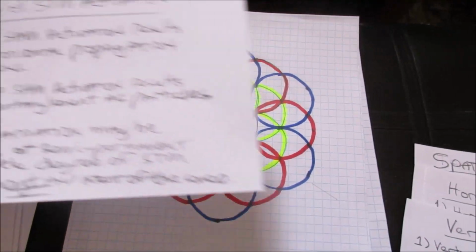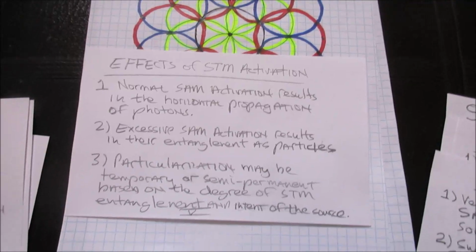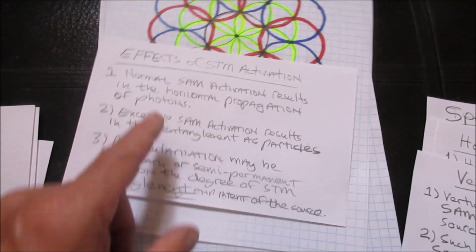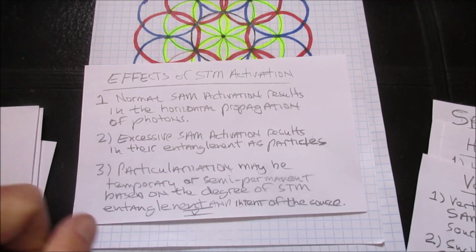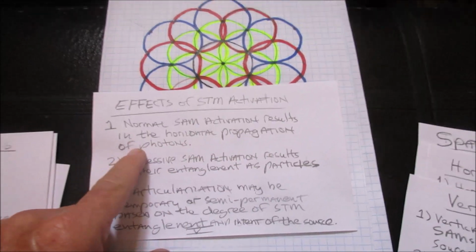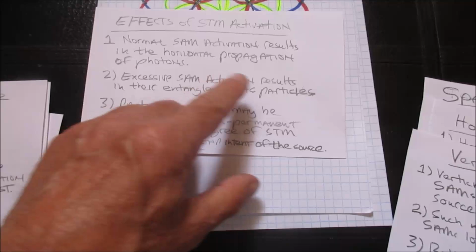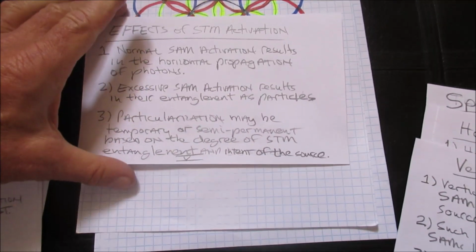The fabric of space. So what are the effects of STM activation? Normal SAM activation, spatio-temporal moment activation, results in the horizontal propagation of photons of energy. An excess of SAM activation can result in their entanglement to form particles. We've already mentioned this.